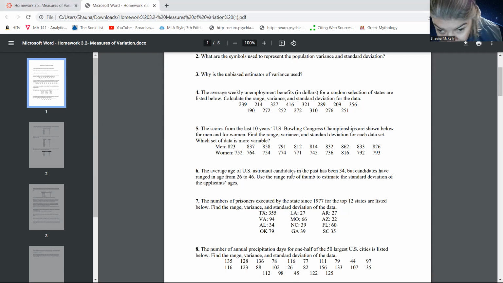But candidates have ranged in age from 26 to 46. Use the range rule of thumb to estimate the standard deviation of the applicant's ages. Okay, so if you look at the slides again, it tells you what the range rule of thumb is. So let's go here and let's look at the range rule of thumb.